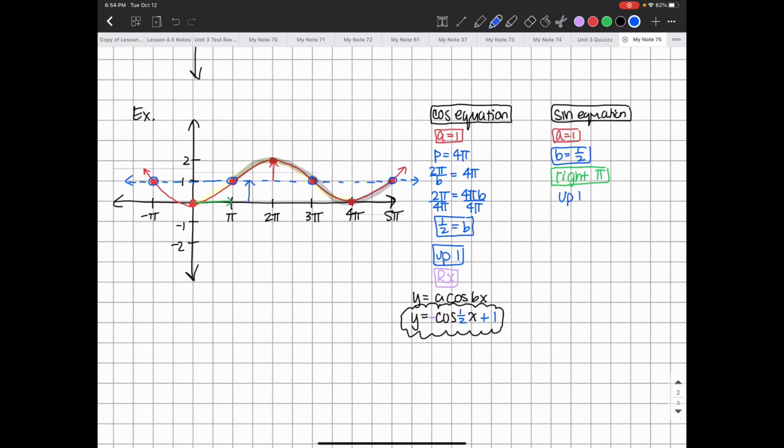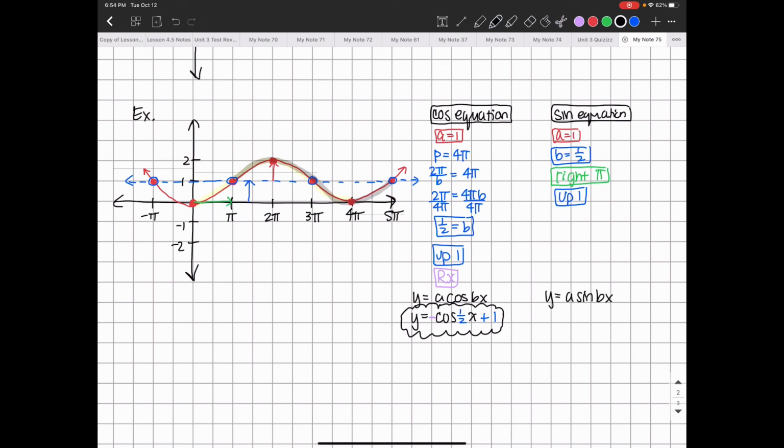I went up 1. And then it's not a reflection over the x-axis because this is the shape starting at 0, 0, that my parent function has for sine. And that's the shape that I see there. And so I can start writing my equation. So I have the foundation is y is equal to a times sine bx.